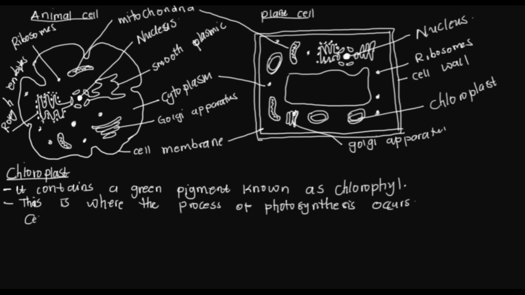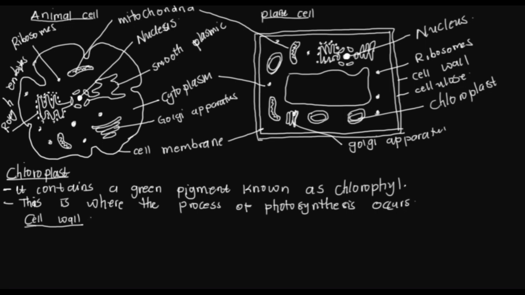So let's look at the function of the cell wall. One thing that you need to look at is that in between the cell membrane and the cell wall, there is a sugar known as cellulose.